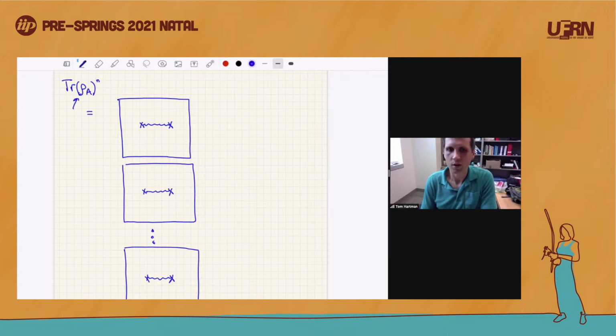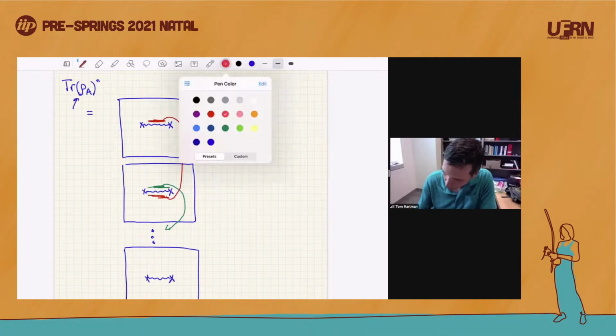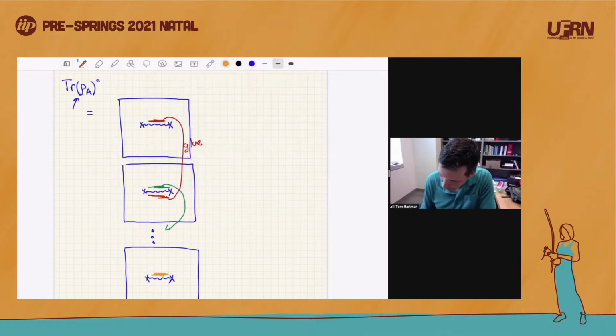Okay, so the effect of that matrix multiplication is to glue these cuts together. So we glue the top of this cut to the bottom of this cut. And similarly, we glue the top of this one to the bottom of the next one. And we glue the top of this last cut back to the bottom of the first cut.